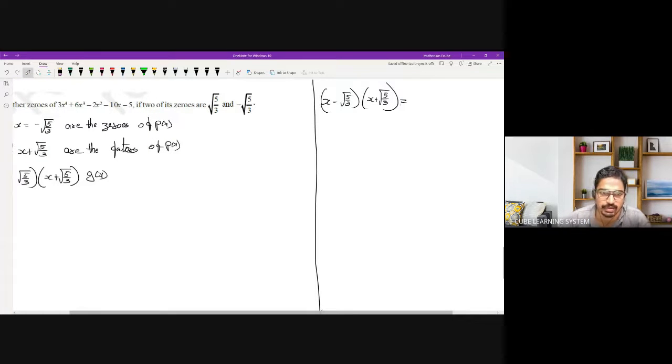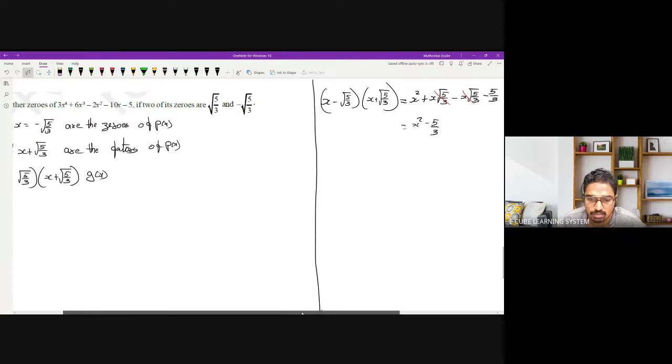Either term by term or by using the identity. Term by term means x into x, x square, x into root 5 by 3, minus root 5 by 3 into x, and root 5 by 3 into root 5 by 3 gives 5 by 3. These two terms cancel each other and we have x square minus 5 by 3. But it is easier if you know the identity (a plus b)(a minus b): a square minus b square directly.